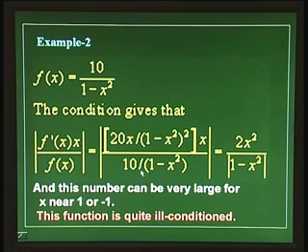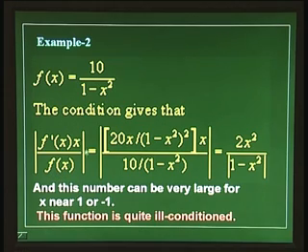So let's look at another problem. Here I have a function f of x which is 10 by 1 minus x squared. Again we have to compute the derivative multiplied by x, and divided by the function itself.